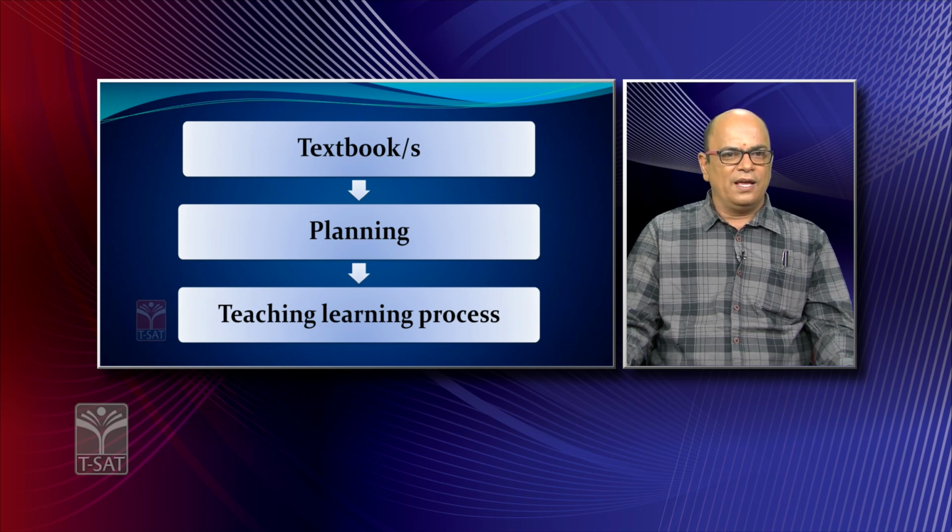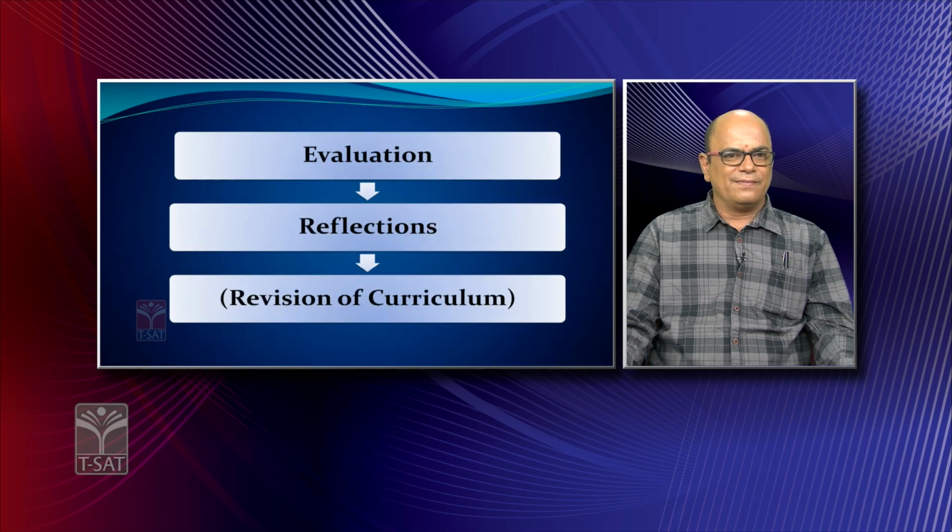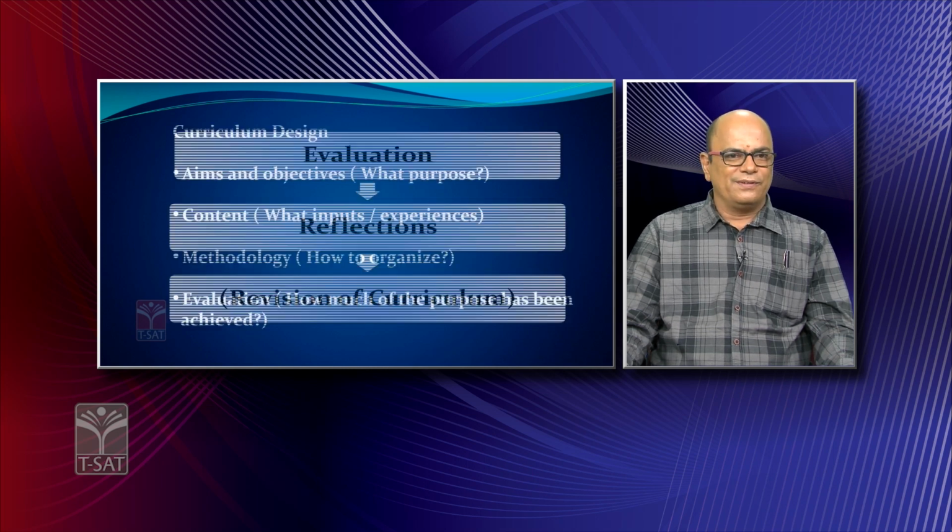And the textbook follows, and after that comes planning, which involves how the content in the textbooks should be used in the classroom, how we can cater to the needs of the children and how we can conduct classroom procedure, which is called the teaching learning process. And evaluation, where we will see the effectiveness of textbooks, syllabus, and of course curriculum, and then we will look into the reflections. They do help us in revision of curriculum.